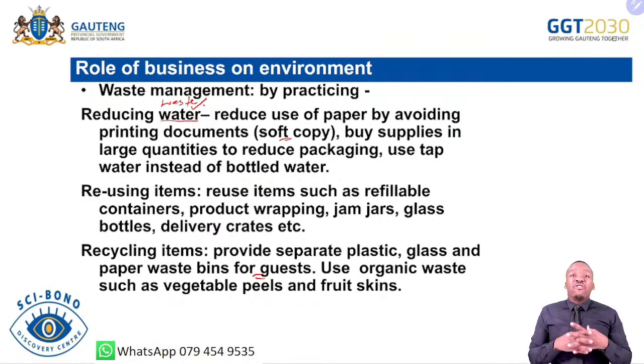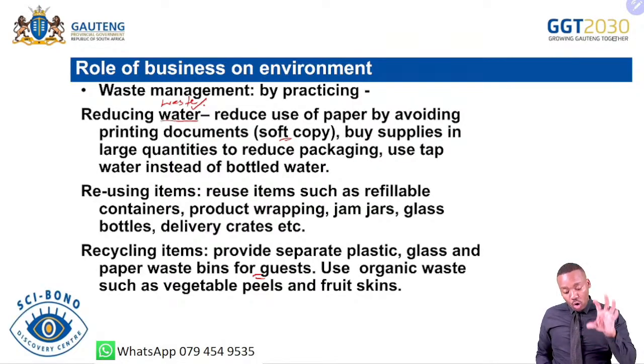For a big hotel, remember they need to be peeling fruits and vegetables time and again. So all those can also be used in their gardens and so on. That is another way to practice the 3 R's in terms of waste management. How can we reduce waste? Right.